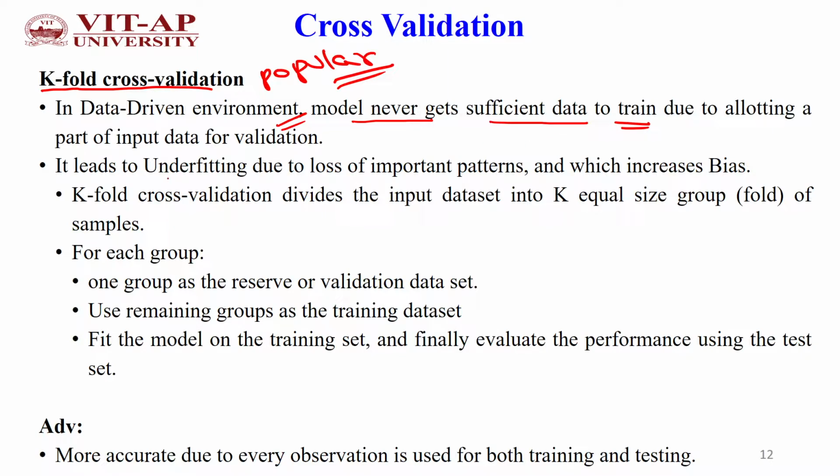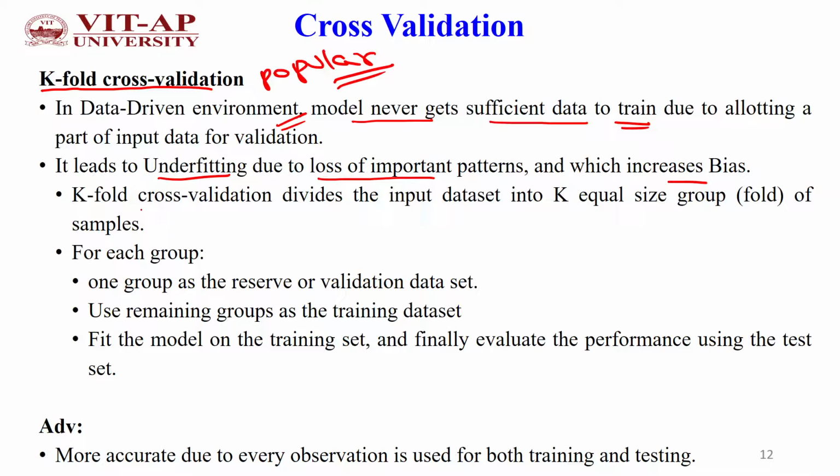So it leads to underfitting due to loss of important patterns, which increases the bias of the model. Bias means the training accuracy and testing accuracy are both low.